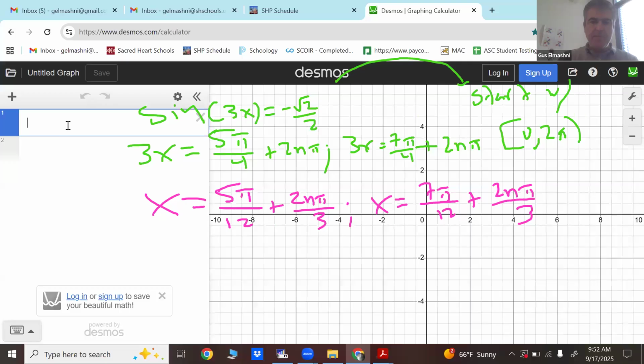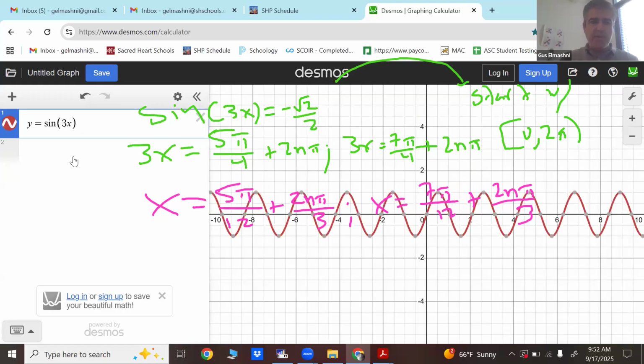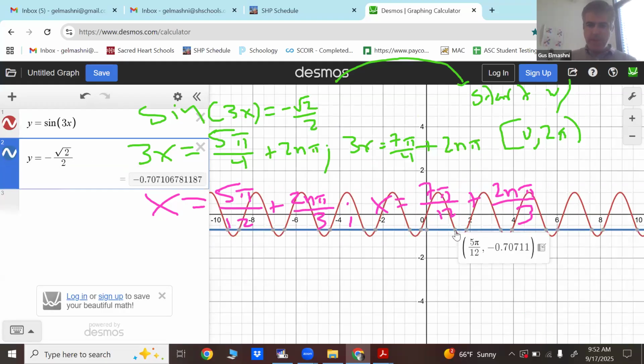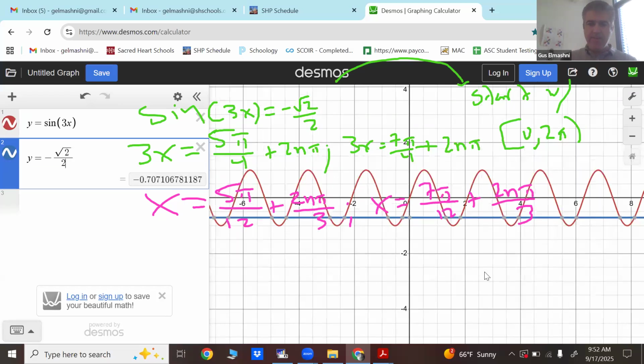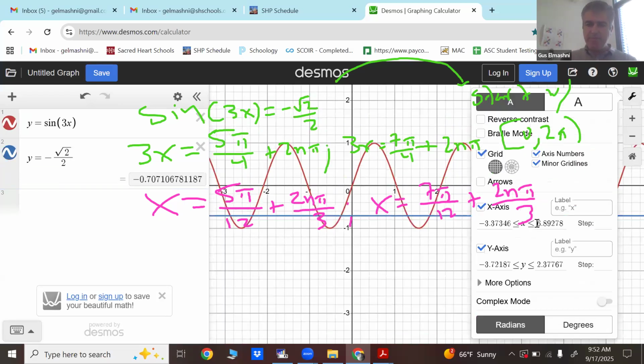So, y equals sine 3x. I'm not going to write the whole equation. And y equals negative square root 2 divided by 2. So many possibilities, right? Oh, look at that. And then, you know what? Let's switch this up. Let's make this nice.